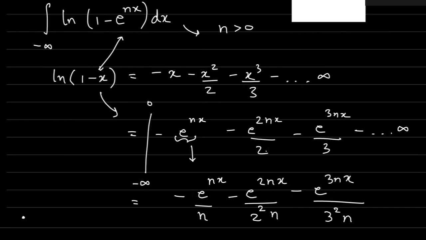This 2n will drop here, this 3n will drop here, and so on till infinity. I should convert it to integral here and put a dx here. That would be better.